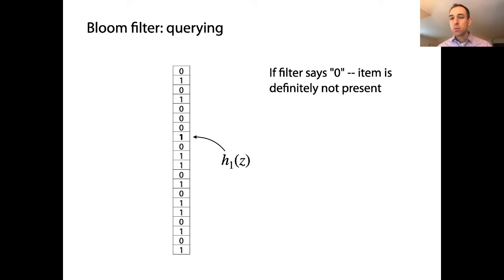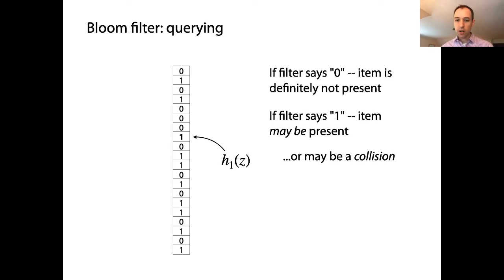Why maybe? Because we can't rule out that this is a collision. We can't rule out the possibility that z was not any of the keys that we inserted, but one of the keys we inserted by coincidence went to the same slot of the Bloom filter as z. So if the filter has a 1 at that position, then the item may be present, or it may be a collision.